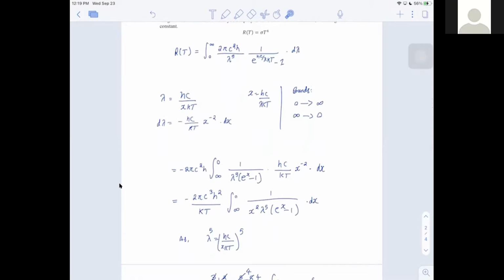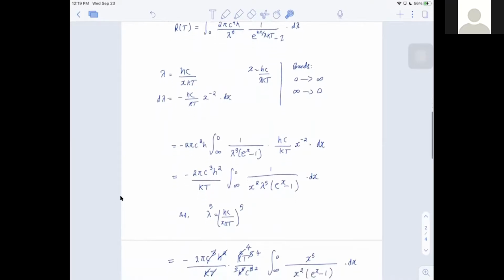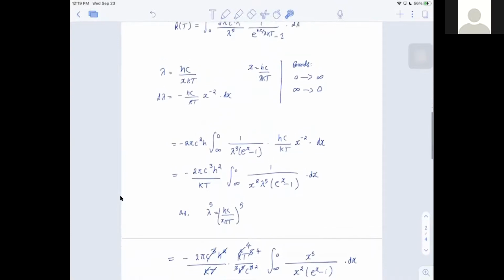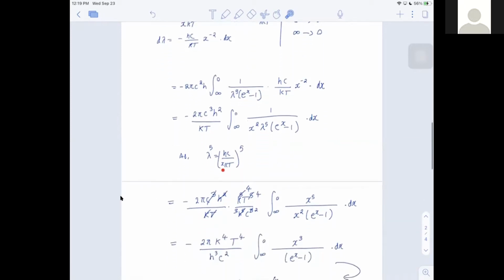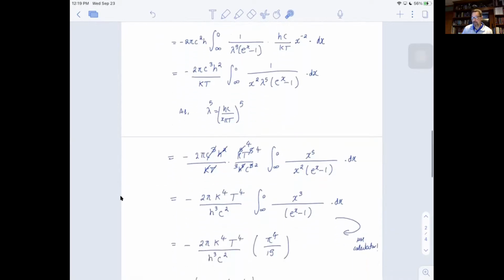After that, it was basically a little bit of algebra, substituting the lambda we had over here, and making it equal to x, which got us this. We had a little bit of canceling, and it simplified to this at the end, which, plugging into a calculator, should give us this.